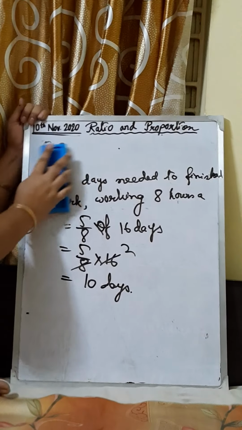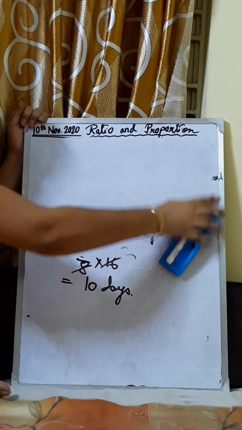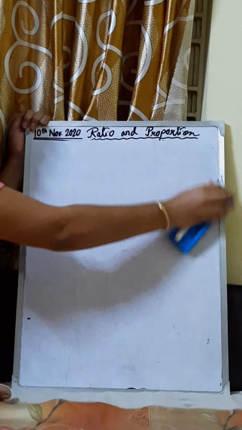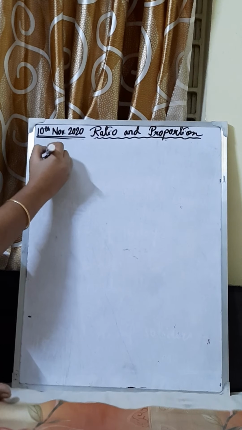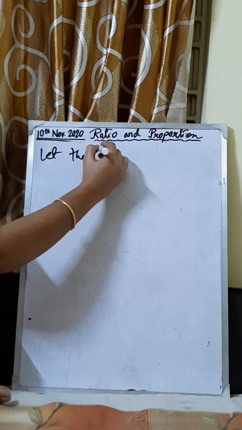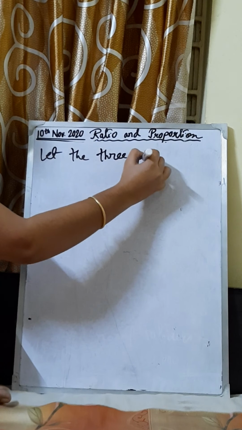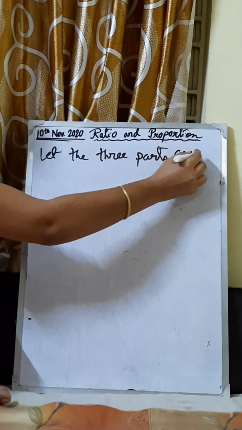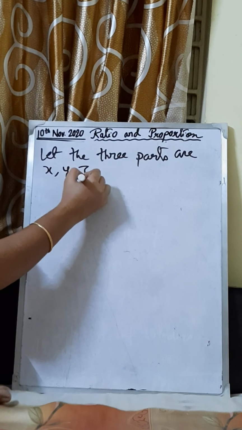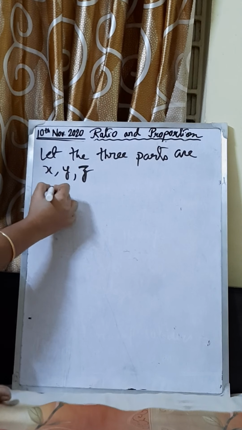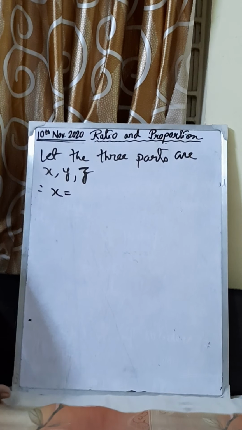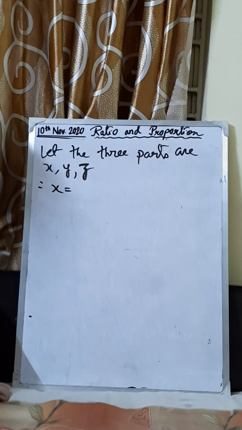Let the 3 parts be X, Y and Z. Now it is given that the first part is 3 by 5 of the second part.